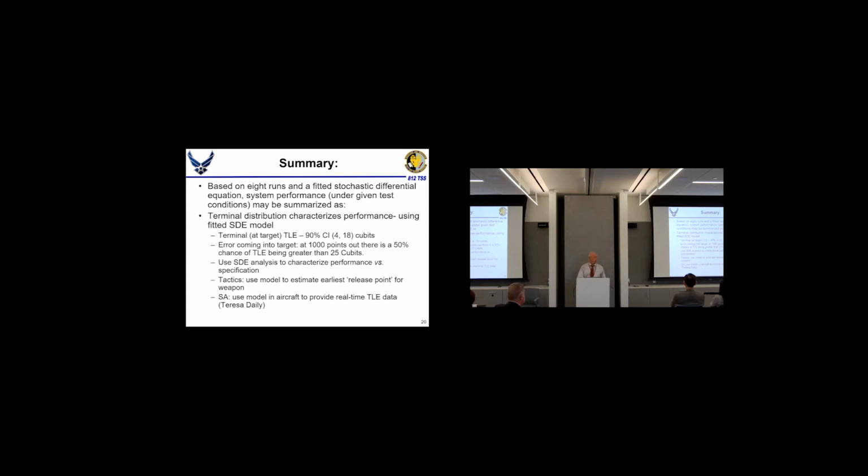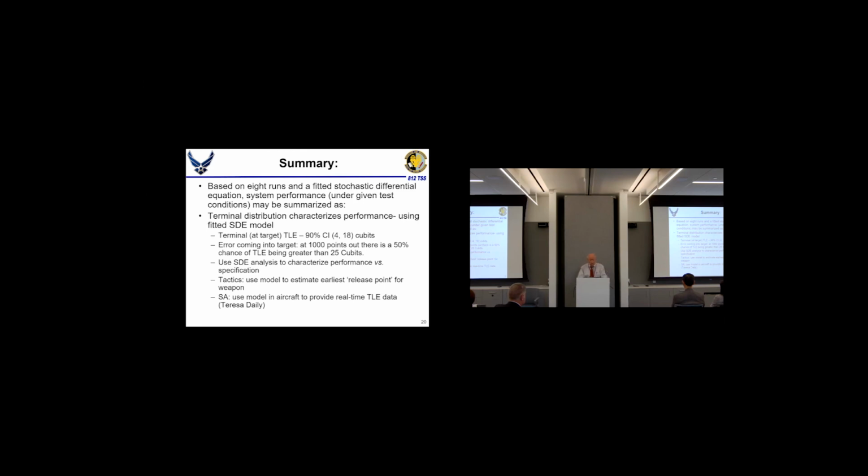I had 8 actual data runs from an aircraft, and then I used those data runs to fit the Cox-Ingersoll-Ross stochastic differential equation, and then based on that, I derived the parameters of TLE as a function of range. And in this case, it turned out that a 90% confidence interval at the target was between 4 and 18 qubits, which was not too bad.